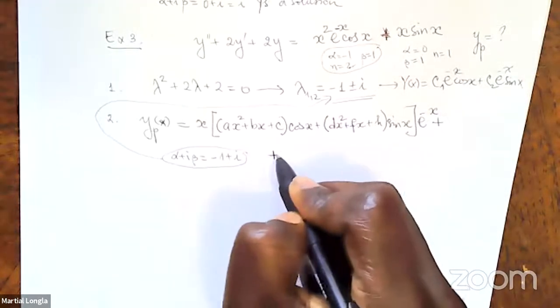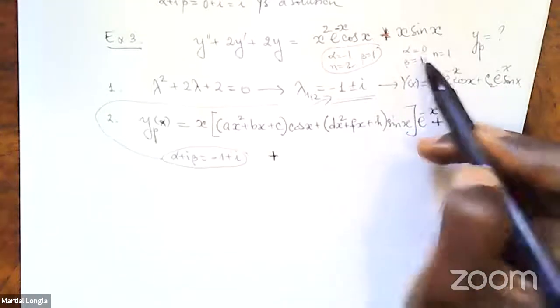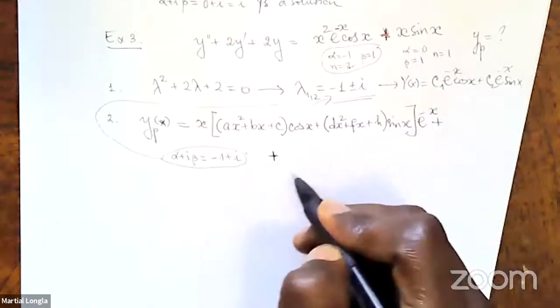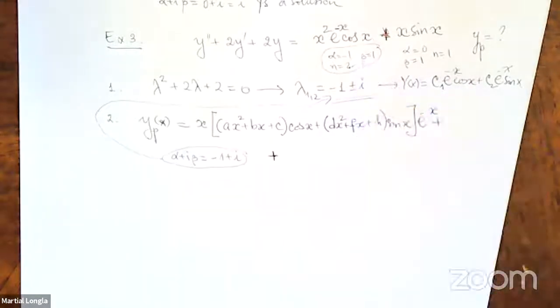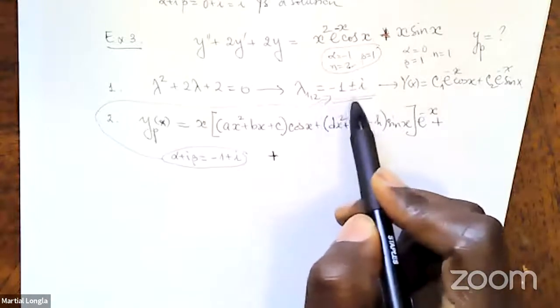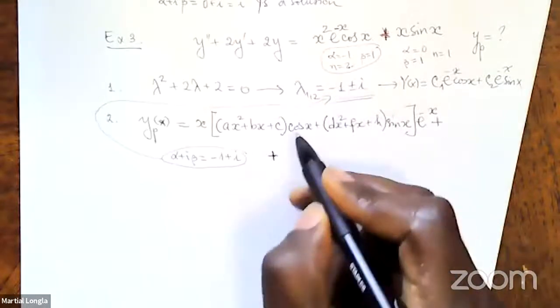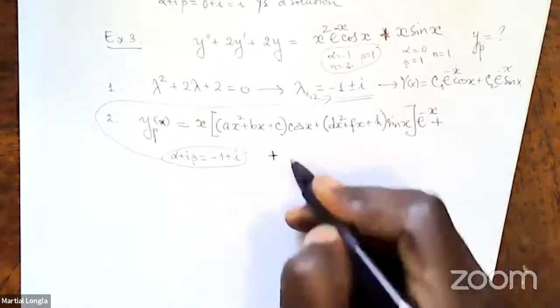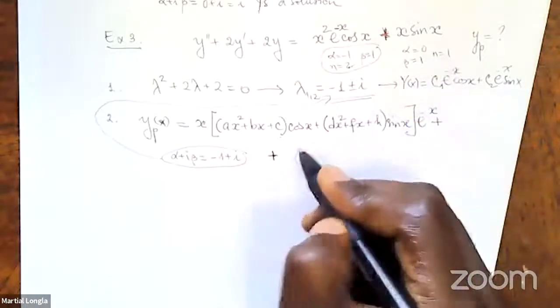As for the second piece, alpha is 0, beta is 1, and alpha plus i beta is i, and i is none of these two numbers. So there's no solution i, so no need to multiply by x. And then a polynomial of degree n equal 1.